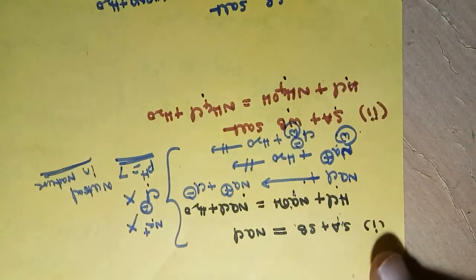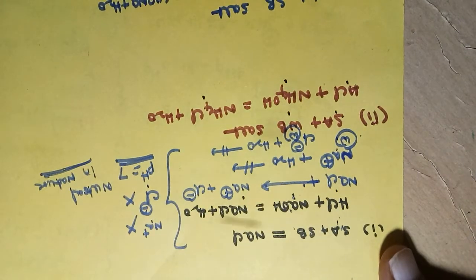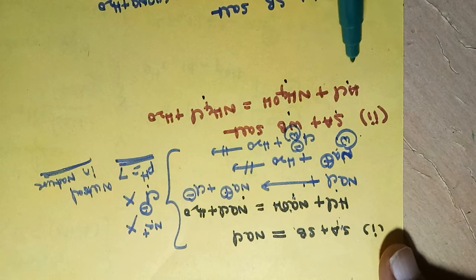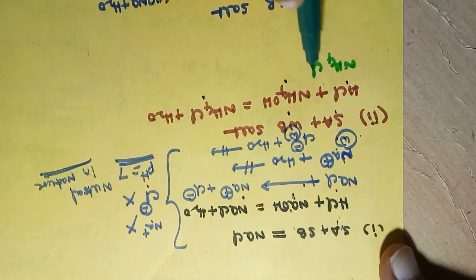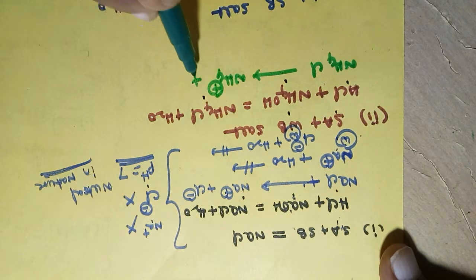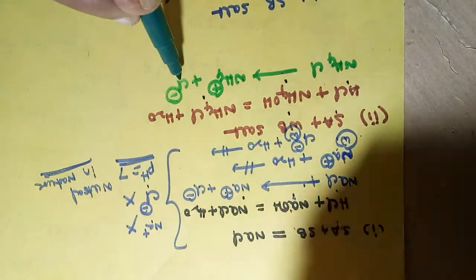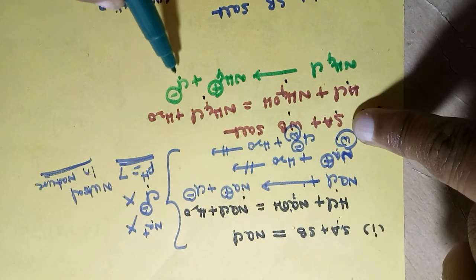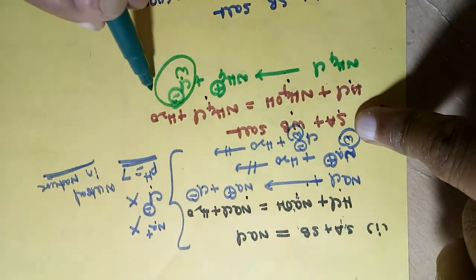Next, the salt of a strong acid with a weak base, NH4Cl. It ionizes into NH4 plus ions and Cl minus ions. The Cl minus ions are formed from a strong acid, so they are weak and not hydrolyzed.